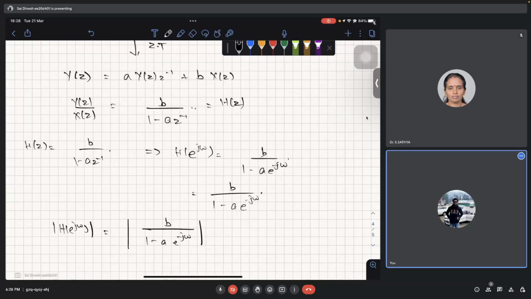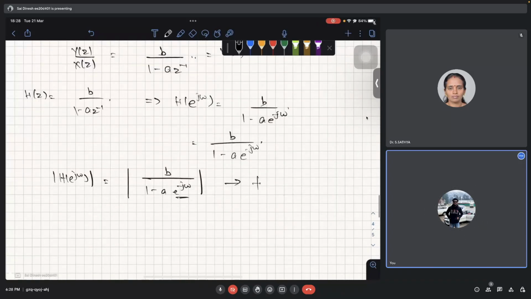You have a complex number, so e^-j omega can be written in terms of cos and sin terms, and you can do the rationalization and find the magnitude response.